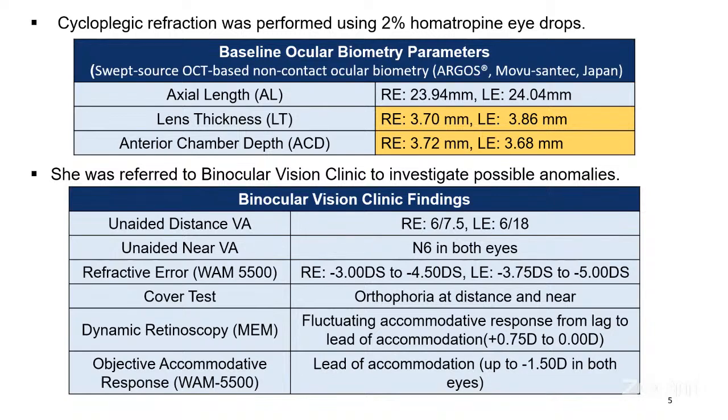Objective refraction indicated varying levels of myopia in both eyes. In dynamic retinoscopy, lag to lead of accommodation was noted. Objective accommodative response showed lead of accommodation up to -1.5 diopter in both eyes.